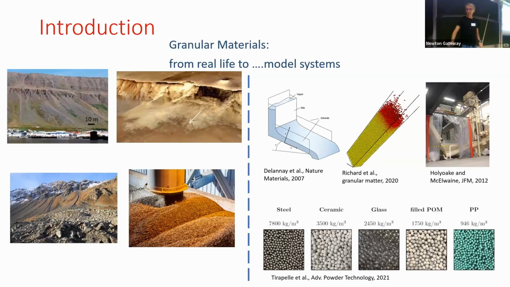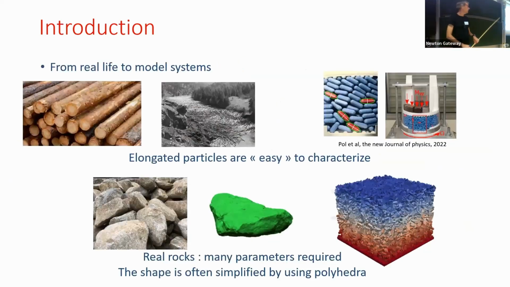If you want to add complexity about grain shapes, you can study elongated particles, which can be found in nature. If you look at a system of logs, like here you have a flow of logs on a river, and such elongated particles are quite easy to characterize because their shape is very simple.